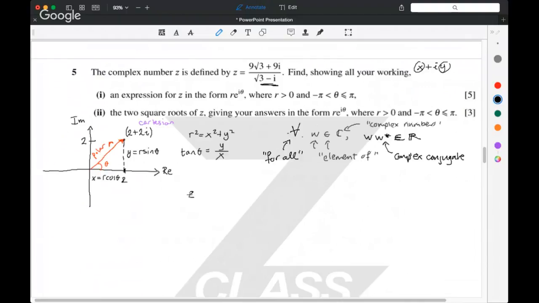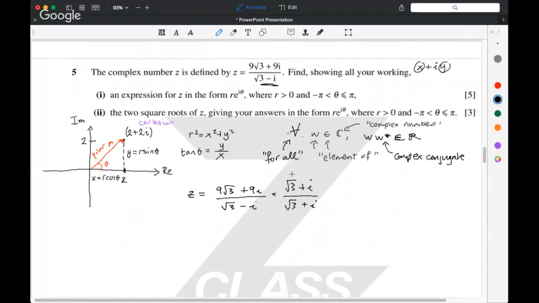I'm saying that z is also equal to 9 root 3 plus 9i over root 3 minus i, times root 3 plus i, which is the complex conjugate of this, divided by root 3 plus i. So now I get to multiply these two denominators and get a real number, but I've compensated for it with the numerator.